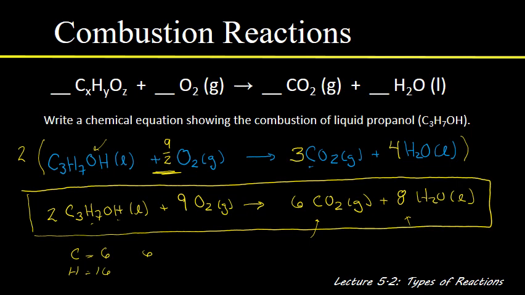We've got 8 of them, so that's 16. That's good. And then for our oxygens, we've got 2 oxygens over here and 18 oxygens over here, so that's 20. And on the right hand side, we've got 12 oxygens here and 8 oxygens here, so that's also 20. Okay.